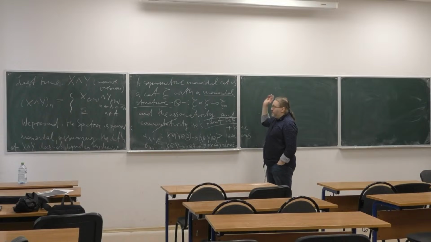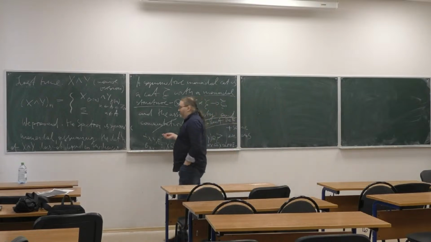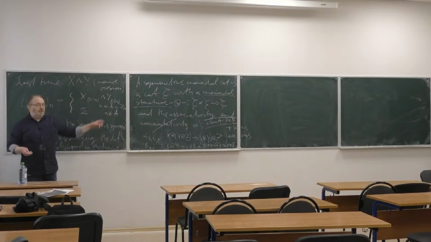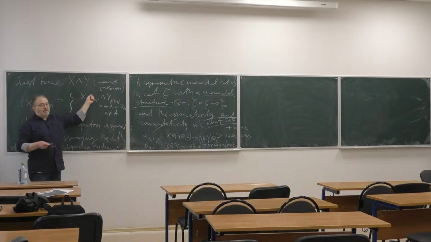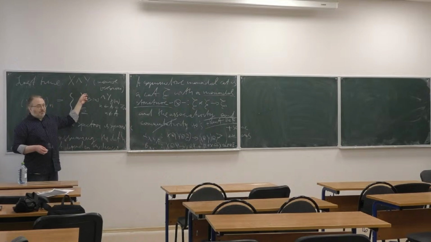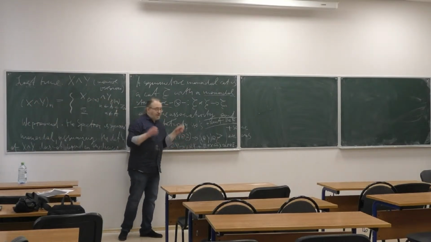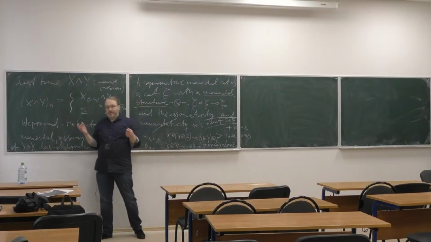Okay, so there are symmetric monoidal categories, and basically, last time we did construct the associativity and commutativity maps, but those maps go from X smash Y for some choice of the ingredients to Y smash X, for example, for another choice of the ingredients, and so on.